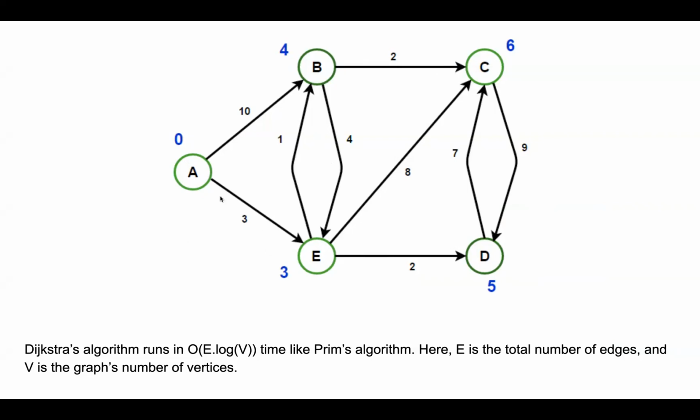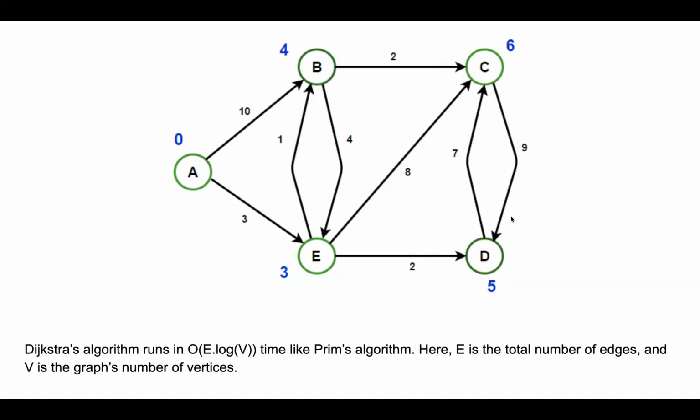The minimum distance from A to B is 4, that is AEB. Okay, 3 plus 1 is equal to 4. Then the minimum distance from A to C is 6. How is it? A to E, E to B, and B to C. 3 plus 1 plus 2 is equal to 6.